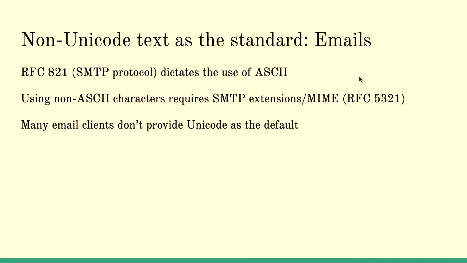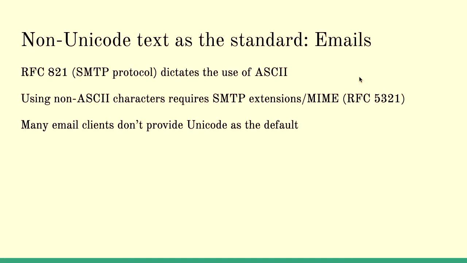So SMTP initially didn't support characters outside of ASCII, and then we needed some workaround to still use SMTP but transmit non-ASCII characters or letters. So then RFC 5321 was created. But still, many email clients don't recognize Unicode and still don't use it as the default, which is why some companies still don't use Unicode.